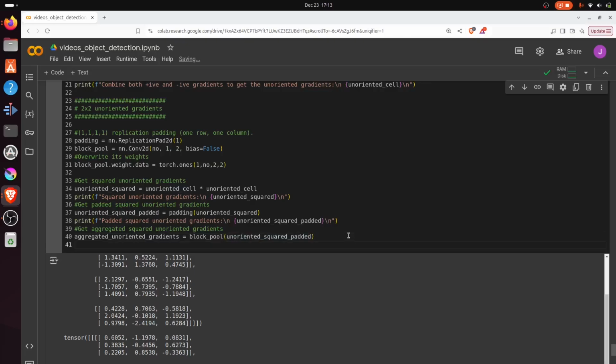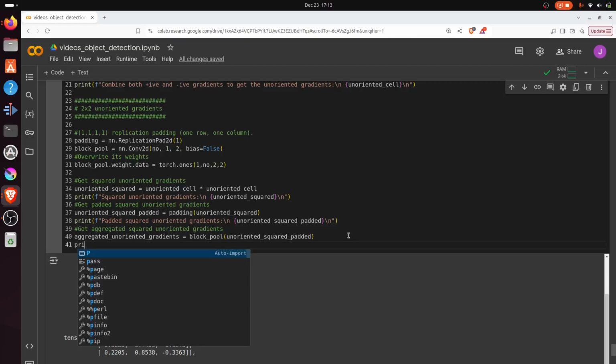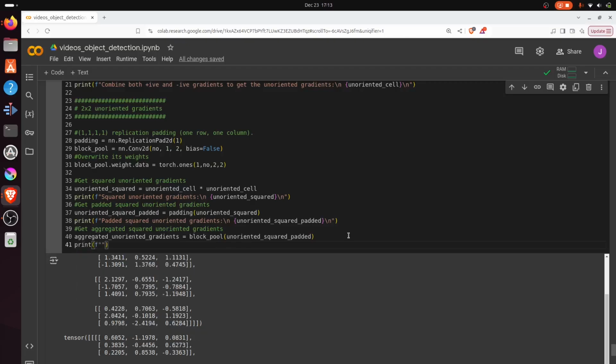Fantastic. So now we're going to visualize. So just print aggregated squared unoriented gradients. Fantastic. So there's that.